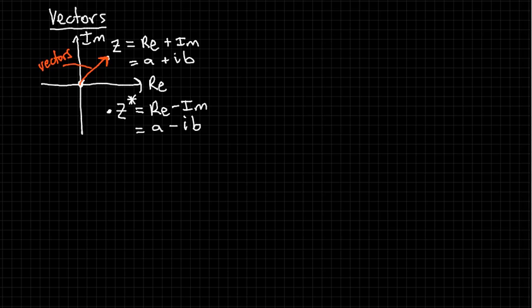The first thing is that they have magnitude and direction, and this is the most important thing about them. They have a length, and they have some sort of direction associated with them.